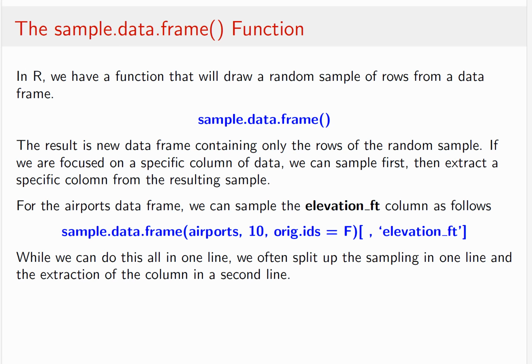In the notebooks that we're going to use, you'll see that sometimes we do this in two steps. We might do the sample in one line and then the extraction in a second line just for clarity.